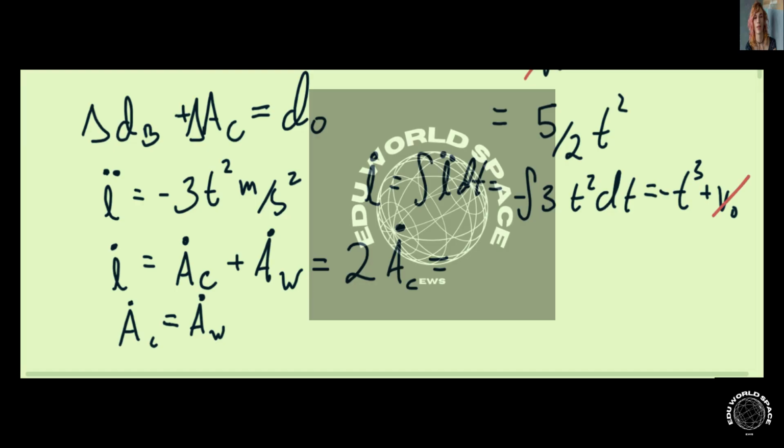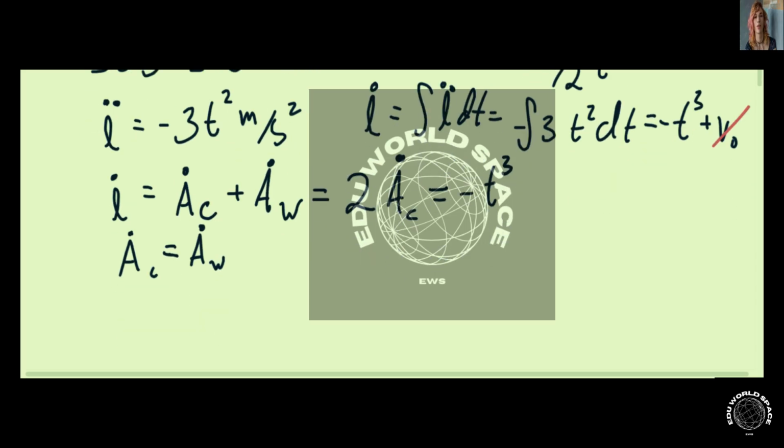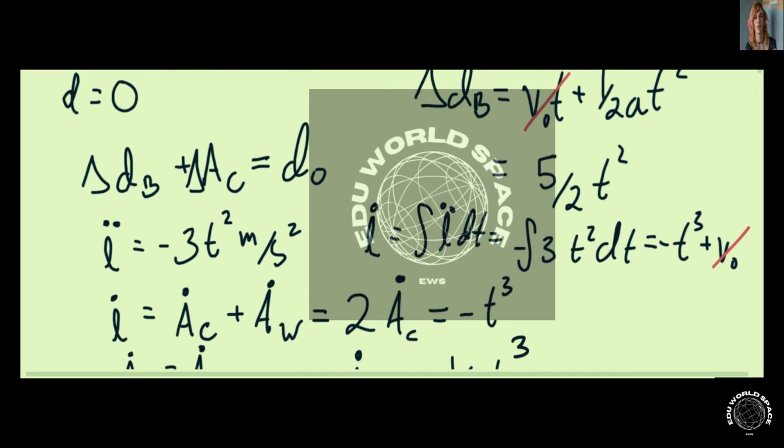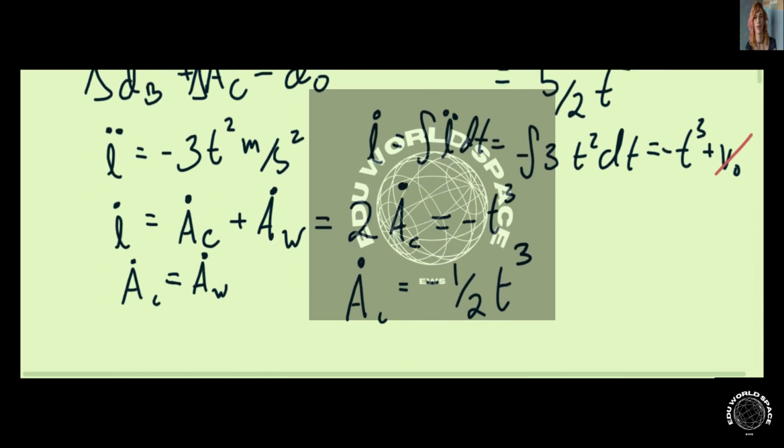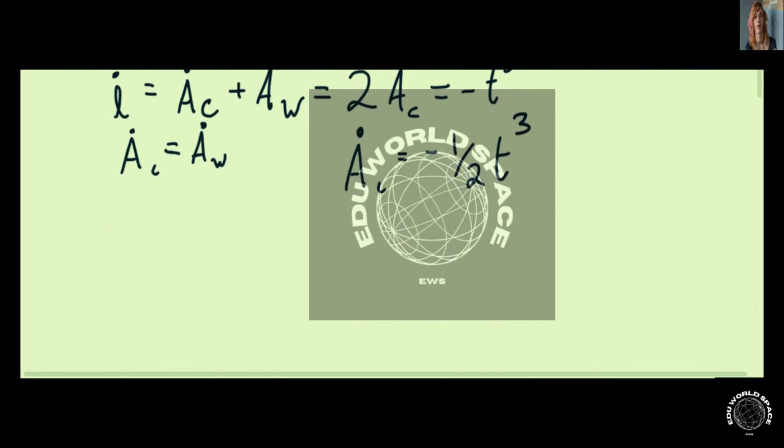So we have L dot, and it's just minus t cubed, and therefore AC dot is just minus 1/2 t cubed. Now we have this time derivative, and to get the change in AC, we'll just integrate this again.